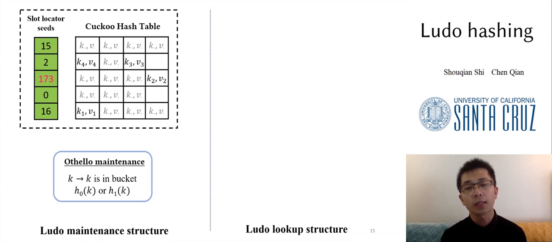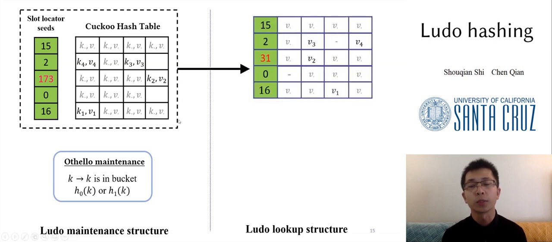First, the hash seeds and the Cuckoo hash table are combined to produce the table body in the lookup structure. During this process, values and seeds are kept while the keys are dropped. Besides, values in each bucket are reordered according to the generated slot locator from the hash seed. To achieve maximum compactness, we use bit-level compression for the table body, which means not a single bit is wasted for memory alignment.